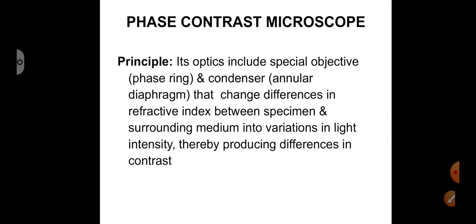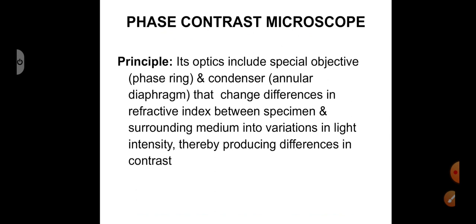Here it is also using optics, which includes a special objective and a special condenser, which is changing the differences in the refractive index between the specimen and the surrounding media into variations in light intensity, thereby producing differences in contrast. So what does this mean? What is this refractive index?